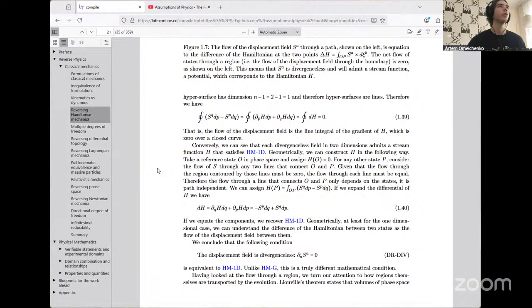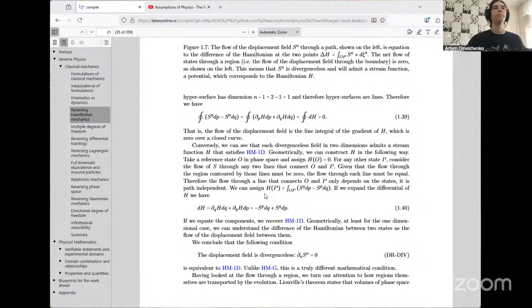Right, so the idea is that we input the stream function that we have above, and if we equate the components, we recover Hamilton's equations. Geometrically, at least for the one-dimensional case, we can understand the difference of the Hamiltonian between 2 states as the flow of the displacement field between them.